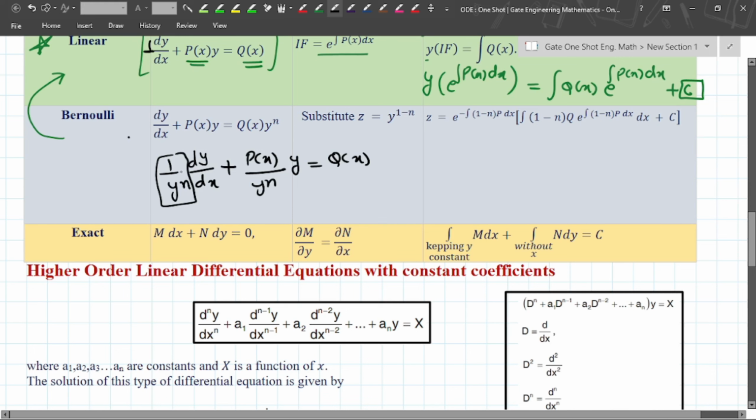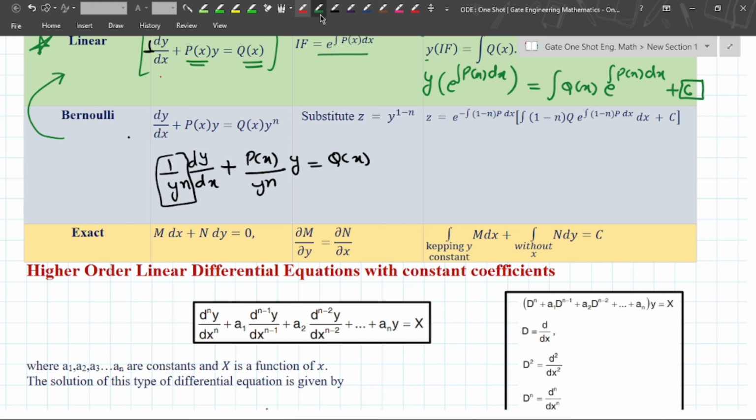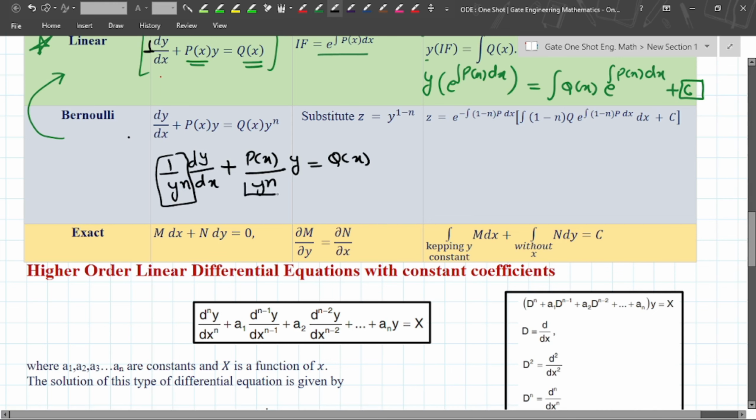And one thing that I just told you, if the independent variable is multiplied with the derivative, then it is a non-linear kind of differential equation. Of course. So in this case, what we'll do is we'll just assume this part. This 1 upon y power n we will consider as some z or some t.